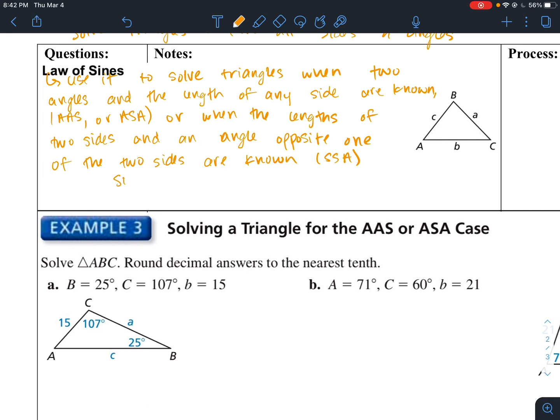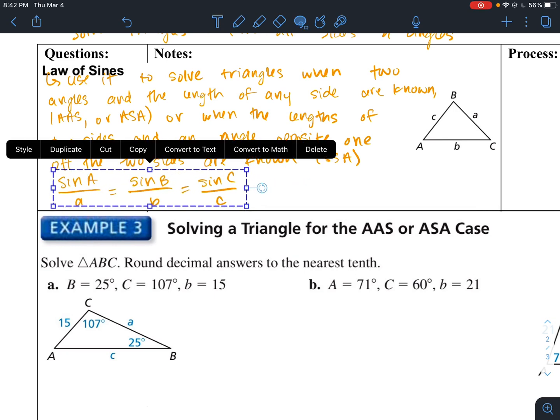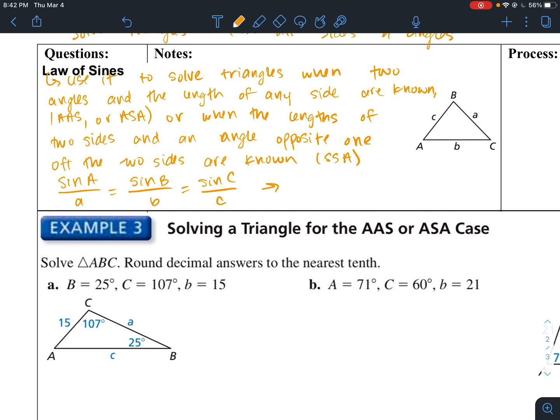It says that sine of angle A divided by A is equal to sine of angle B divided by B is equal to sine of angle C divided by C. Or you could write it as its inverse, which would be A divided by sine of angle A is equal to B divided by sine of angle B is equal to C divided by sine of angle C.